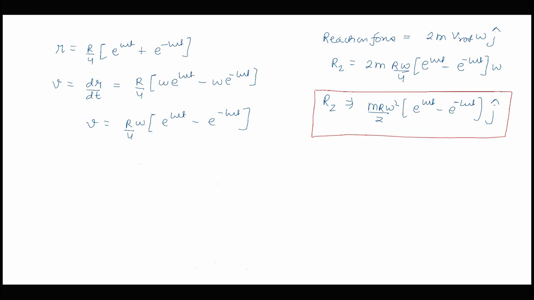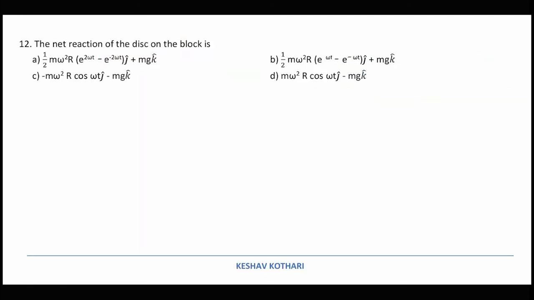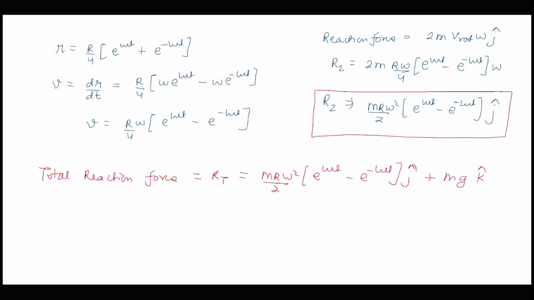So the total reaction force R total can be written as m r omega square by 2 into e to the power omega t minus e to the power minus omega t in the j cap direction, and the weight component mg in the positive k cap direction. This is the complete expression for the reaction force which we have, and if we look at the options, option B is correct.